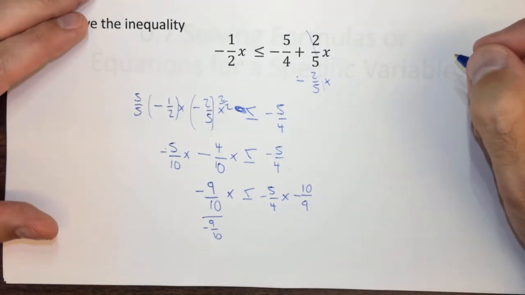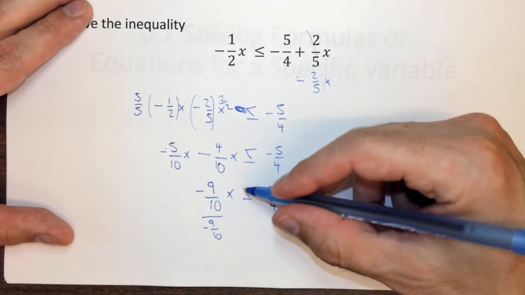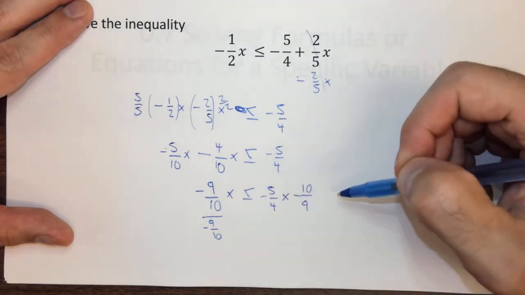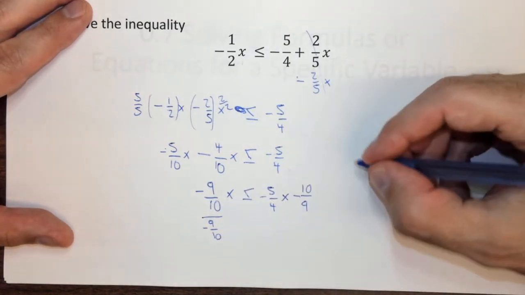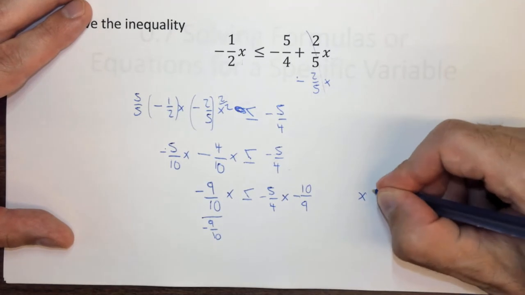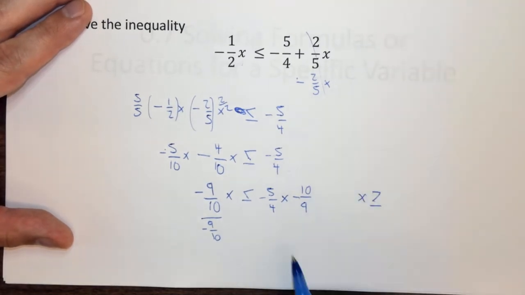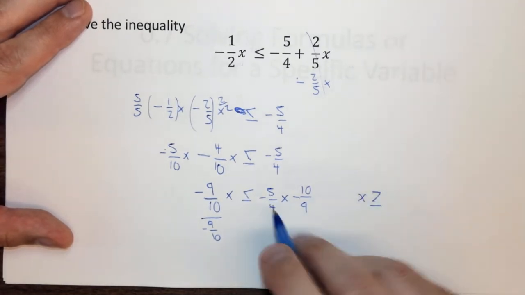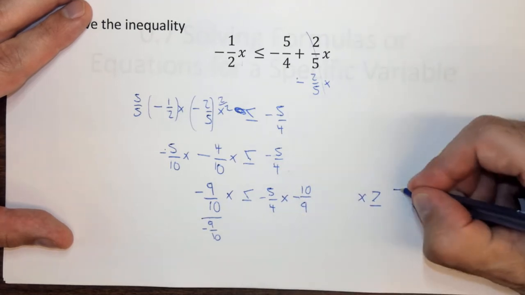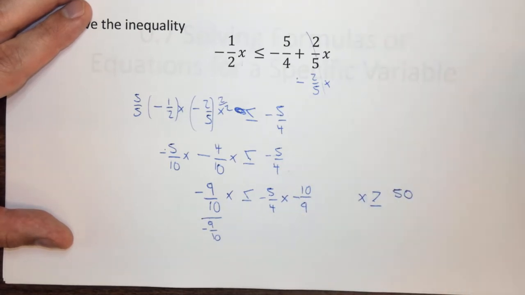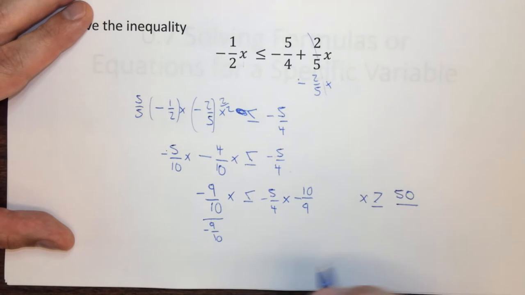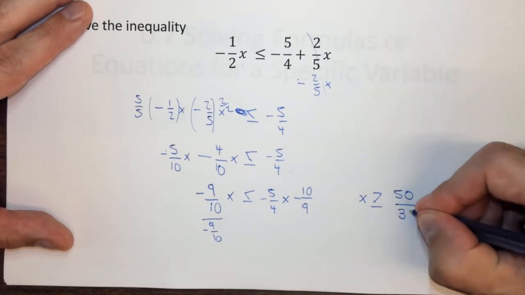Note that we divided by a negative number, so we need to switch the sign. So x is greater than or equal to negative 5 times negative 10 is 50, and 4 times 9 is 36.